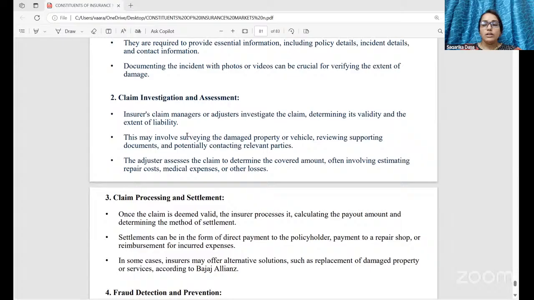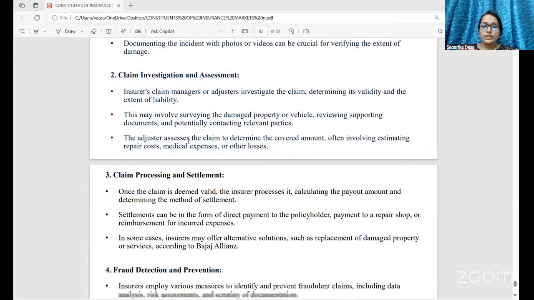Even in general insurance, the insurance company will appoint an adjuster or investigator, or we say a claims manager, who will verify the validity and the extent of liability. After surveying the damaged property or vehicle and reviewing the supporting documents or any other relevant parties, he will submit a report to the insurance company.